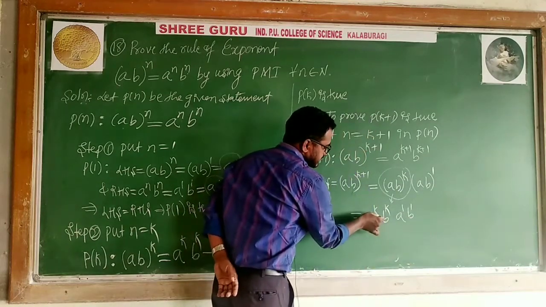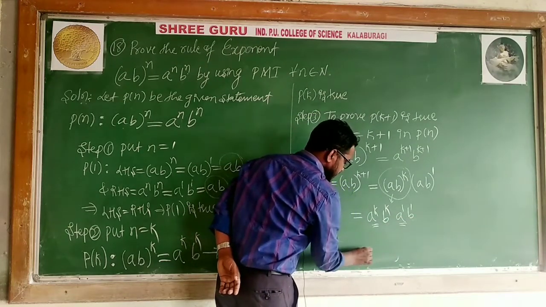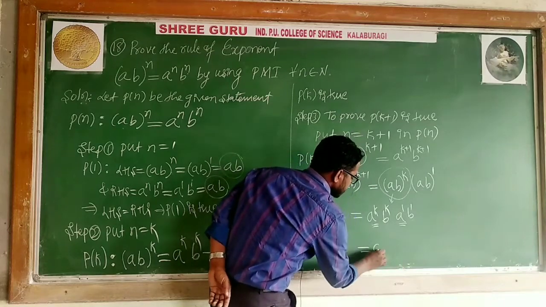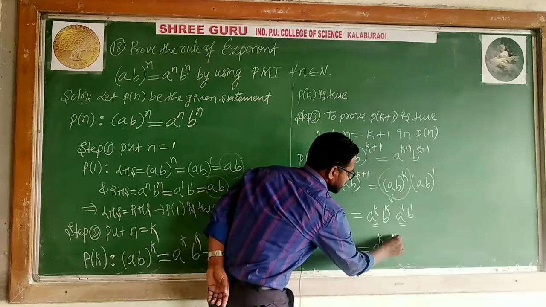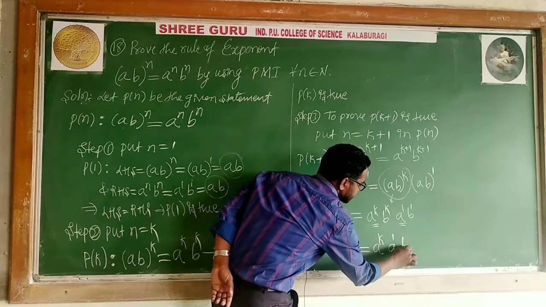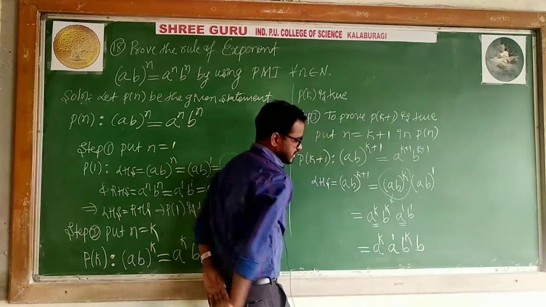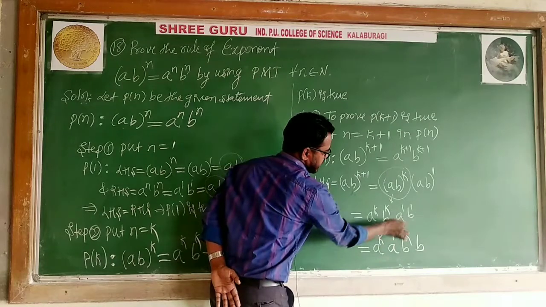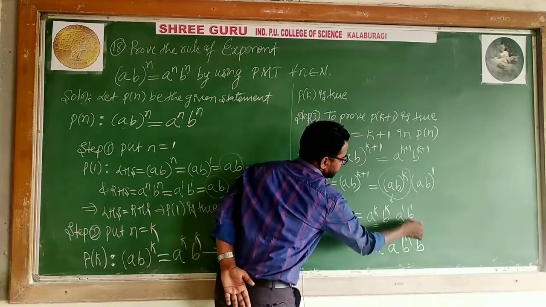So I will write the a's on one side and the b's on one side. I can write a to the power k into a to the power 1, then b to the power k into b. See what I did: a to the power k and a collected here, b to the power k and b collected here.